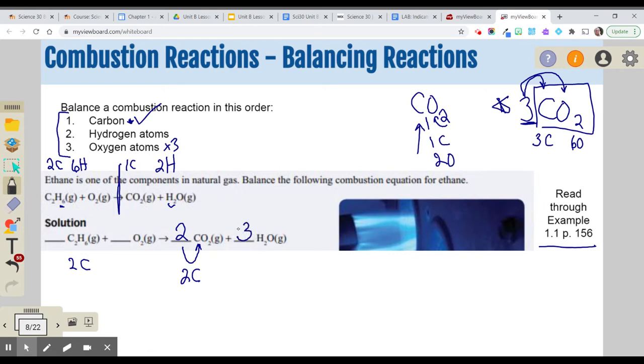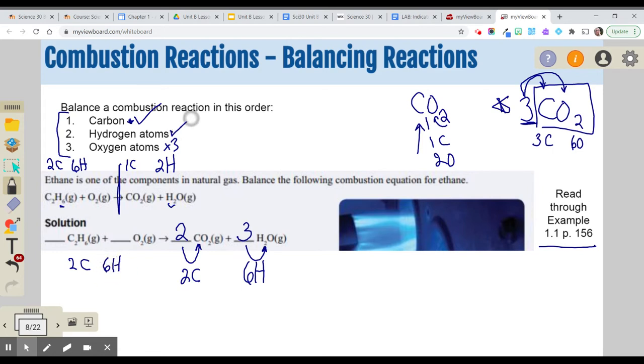The only place that we can add numbers is on these lines in front of our molecules. We can't add little subscripts and change the compounds or anything like that. So now we go 3 times 2, that's 6. So we have 6 hydrogens, and now we're balanced.